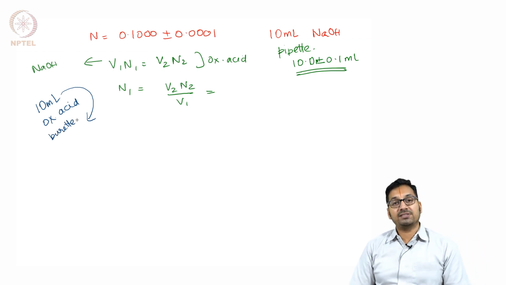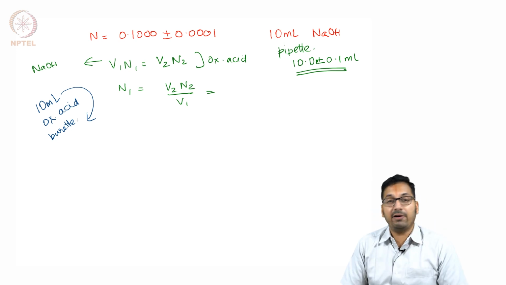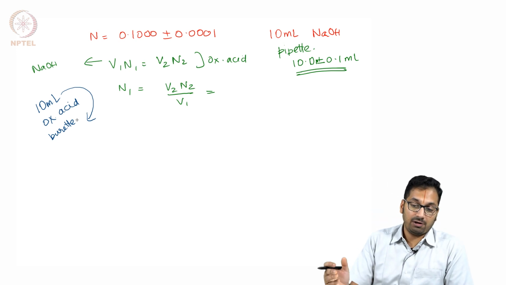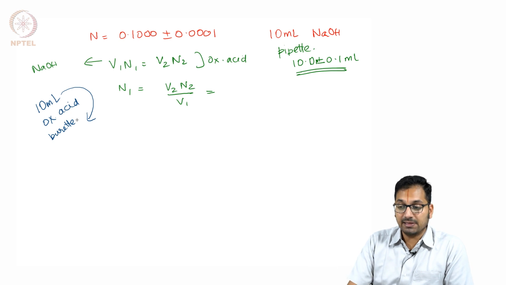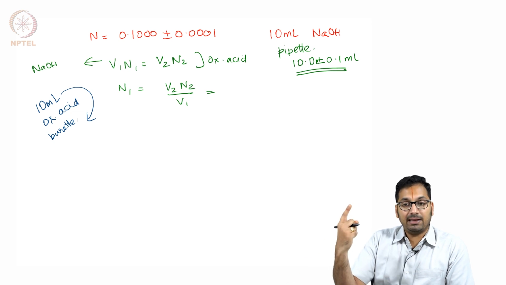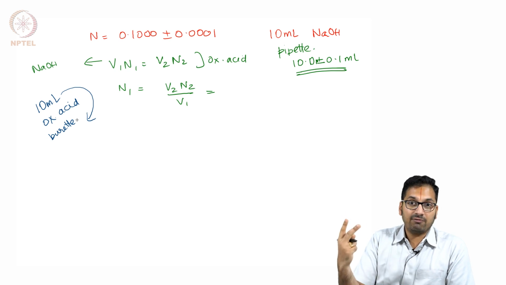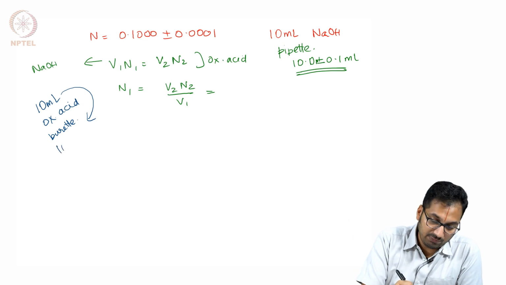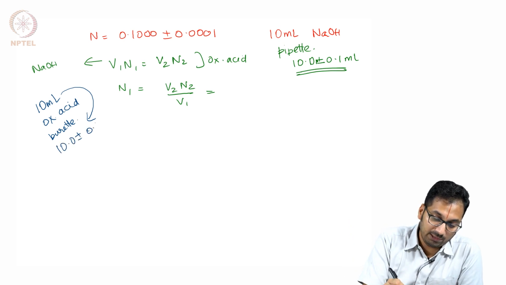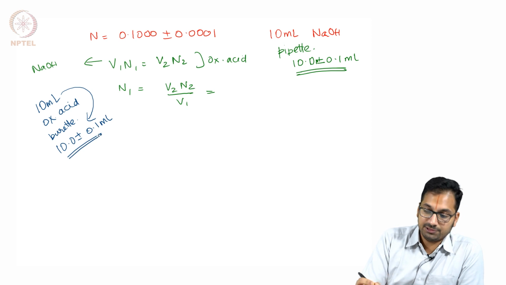So far what all you have seen is the use of 4 different pieces of instruments or apparatus, let us say, where you have used the weighing balance which has a certain precision that it goes with, a volumetric flask, pipette and a burette. Let us also assume here it is a 0.1 ml precision that you have.